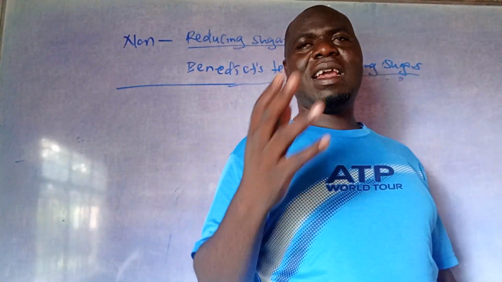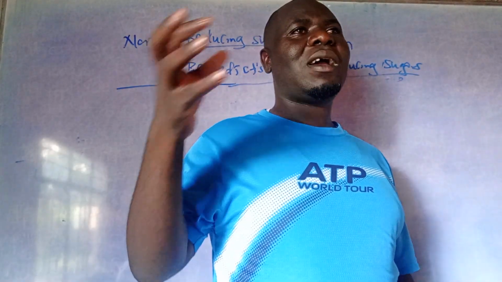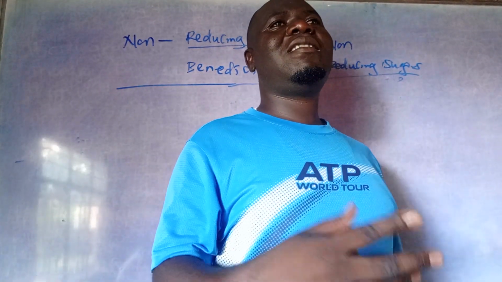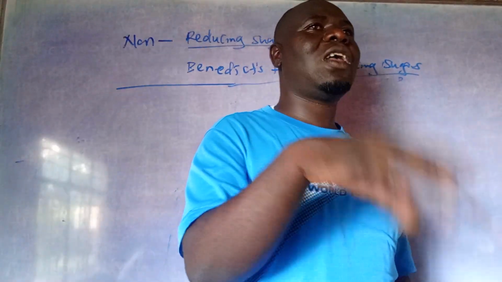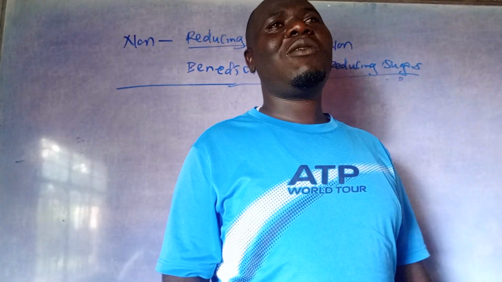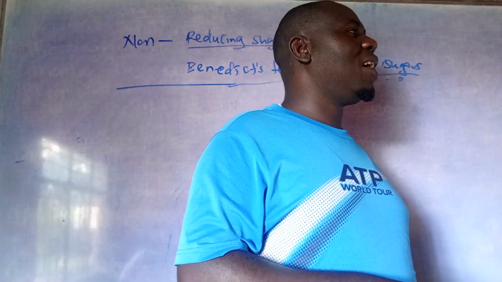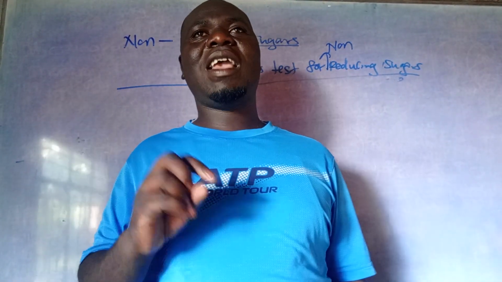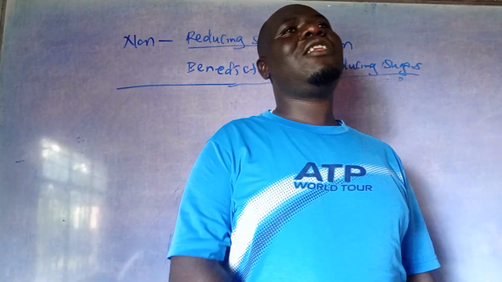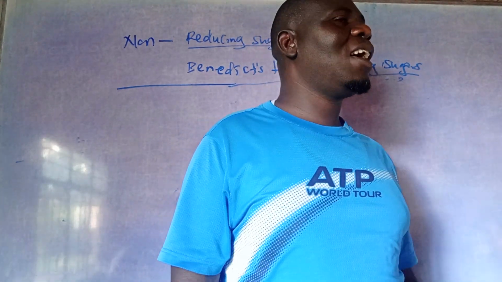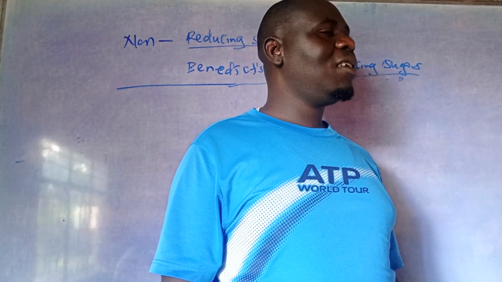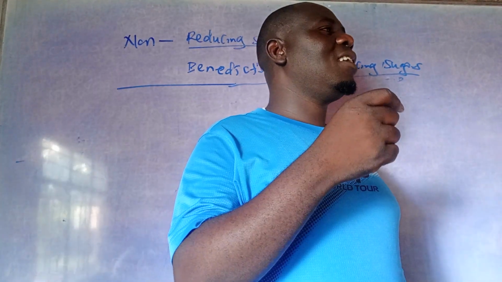Take your sample, put 2 cm³ in a clean test tube. Then add acid and heat it. Then the acid is neutralized by adding sodium hydroxide, drop by drop, until the fizzing stops. After the fizzing stops, you add 2 cm³ of what? Benedict solution again. Then you heat again. After heating, you observe the color. If it changes to brick red, green, whatever, non-reducing sugar is present.